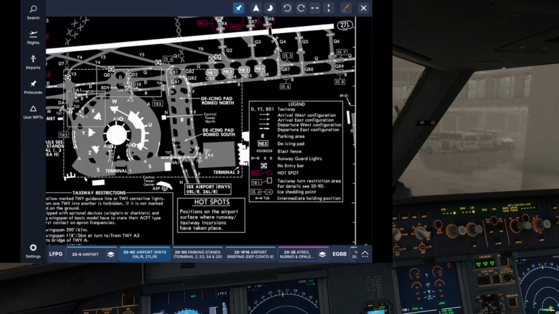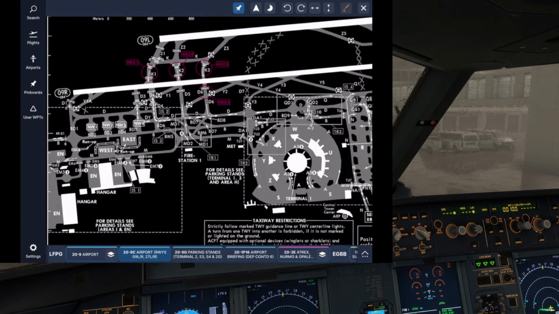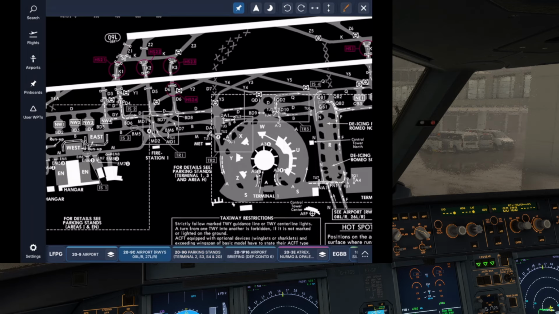So if we need to do a checklist, we'll slow the aircraft right down almost to a stop, and then we can run through the checklist. And we've got both engines started, which helps us along with that. The takeoff today is also going to be a TOGA takeoff due to that contamination. So that's the plan for the departure.